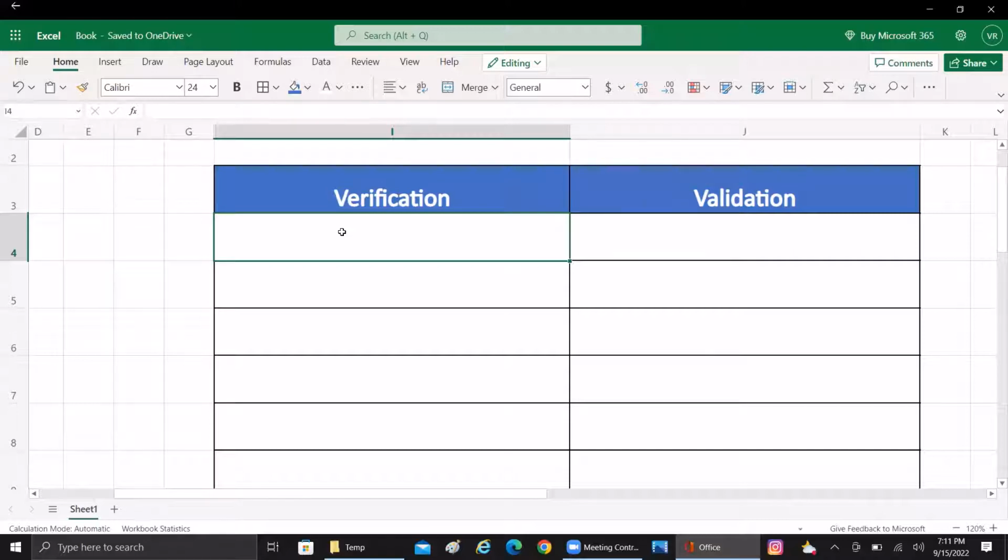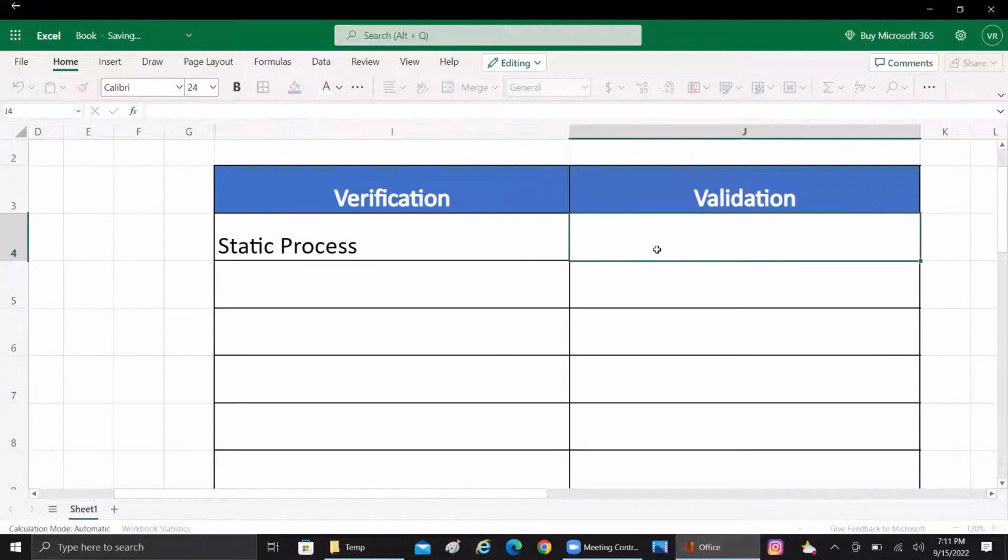Since verification is just like a walkthrough or review or inspection, it is a static practice or static process. Whereas validation is a dynamic process. They will test once, find some bugs, and then retest. And if any change requirement or enhancement comes in, they have to validate again.